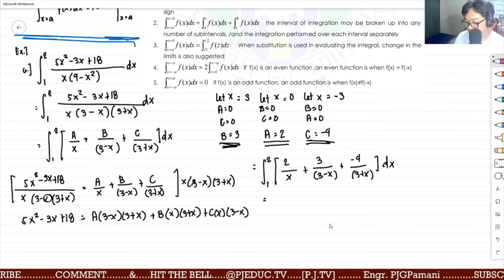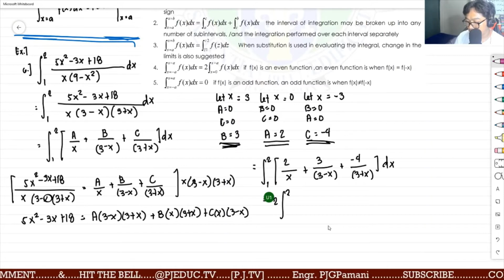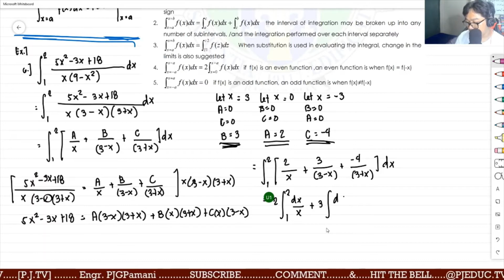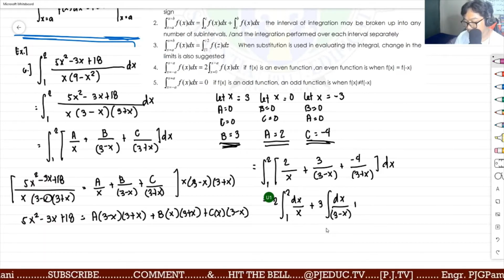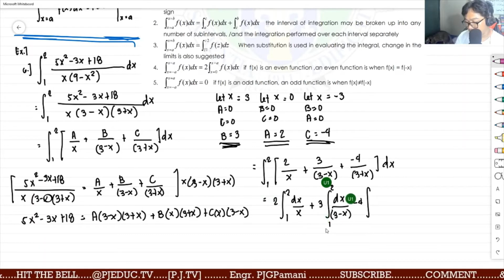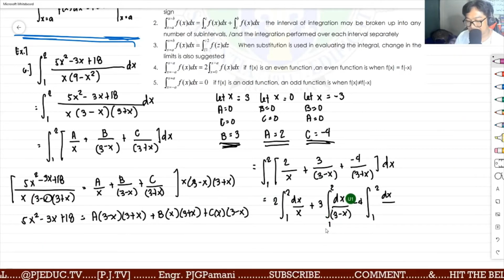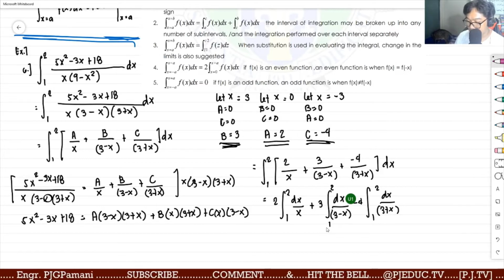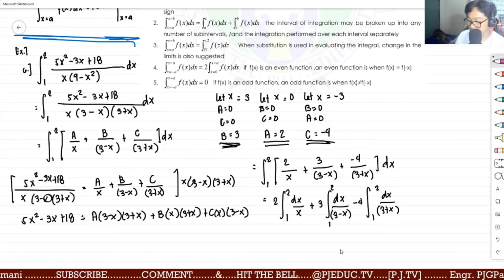That is integral of 2 dx over x plus 3 integral of dx over 3 minus x minus negative 4 integral of dx over 3 plus x. Okay? Kukuha nyo na yan.